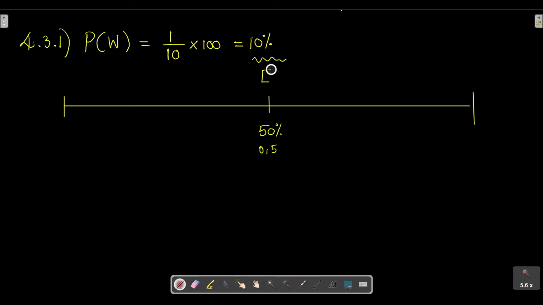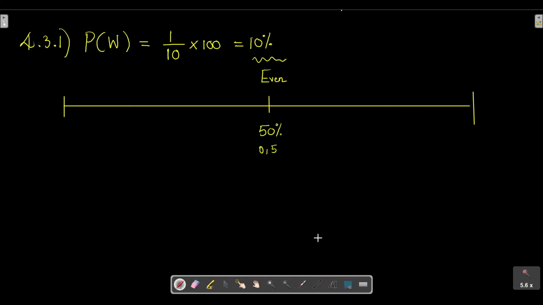Okay, if I say there's a 50% chance of it raining today, it means that it might not. There's an even chance of it happening, right? It's a head or tail situation. It might not happen.